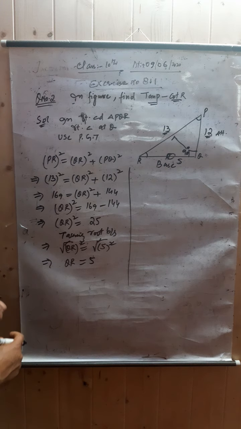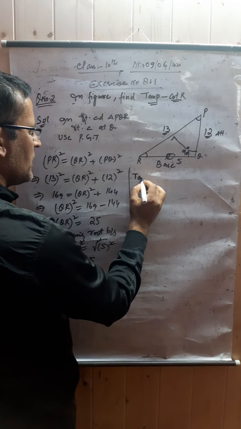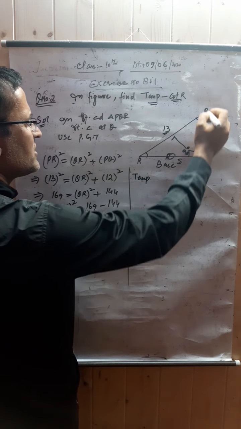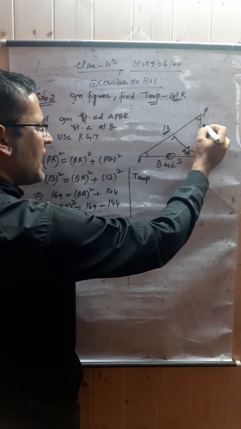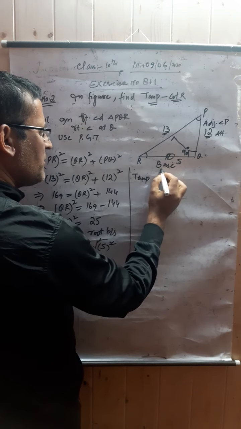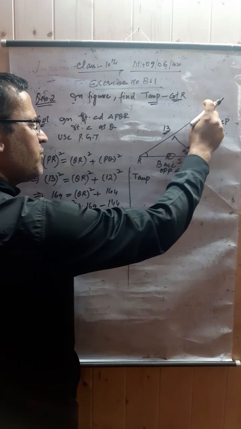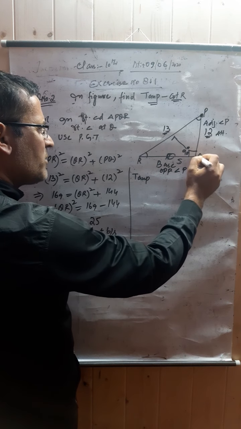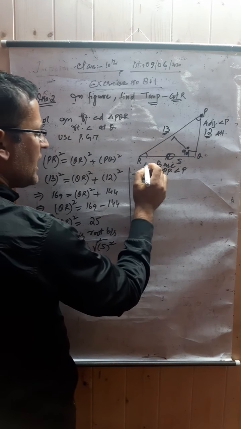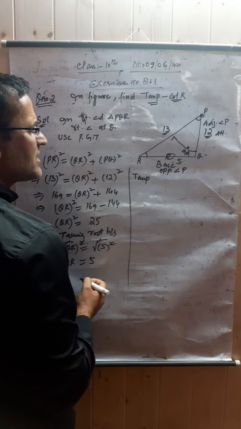Thereafter, dear viewers, we have to find tan of P minus cot of R. First of all, we will find tan of P. The acute angle under consideration here is P. This is the adjacent side of angle P, and this is the opposite side of angle P. If angle R is under focus, this side will act as the adjacent side and this side as the opposite side.